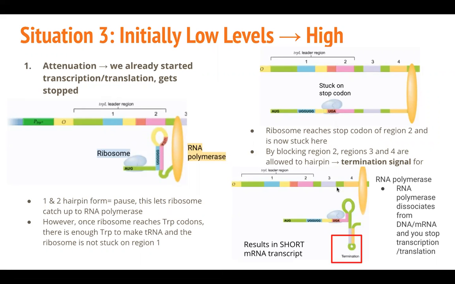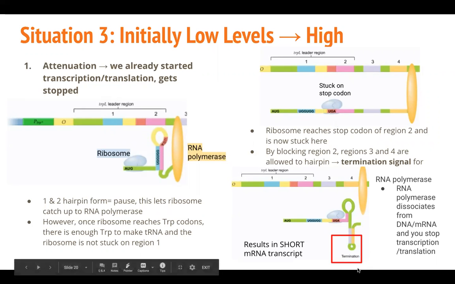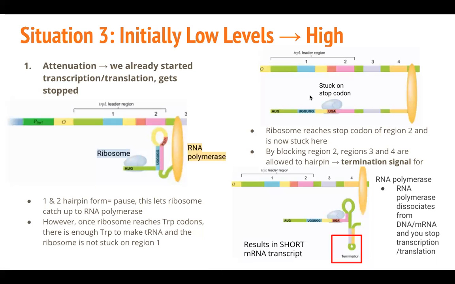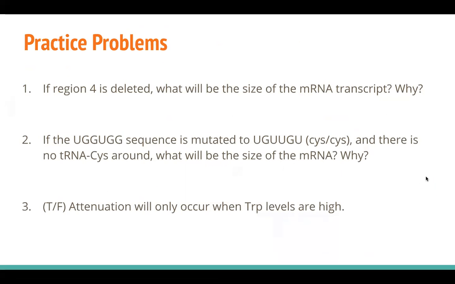If it stops at the stop codon, then that's how you're going to get this attenuation. So the question is just saying, if you mutate this region that codes for 2 tryptophan anticodons, if you change them to where it now requires 2 cysteine anticodons, and there's no cysteine anticodons around, what do you think the size of the transcript will be?